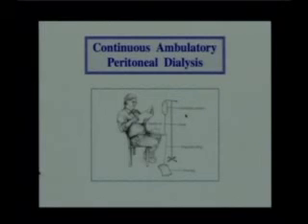It means that they are continually being dialyzed but they can be up and about. The only time they need to really sit down is when they're emptying it out and putting more in. This next picture just shows us someone doing the emptying out and putting in of their dialysate with continuous ambulatory peritoneal dialysis.